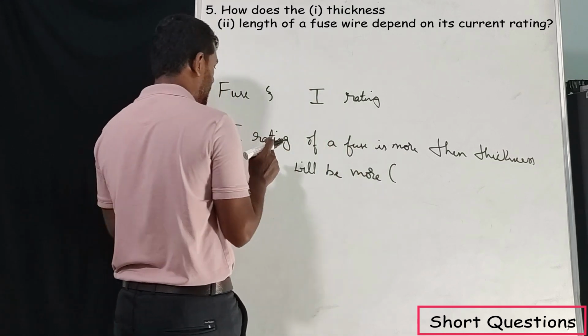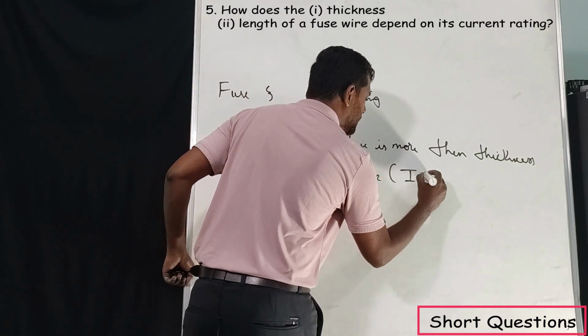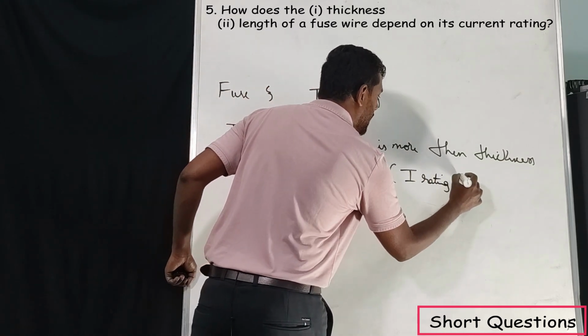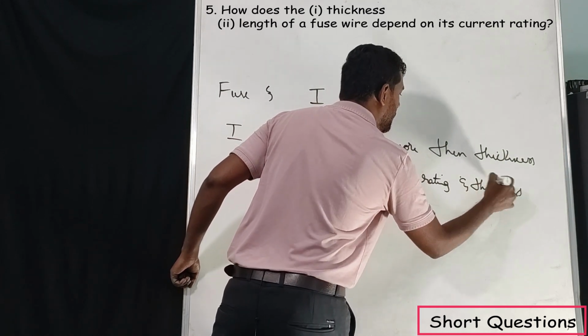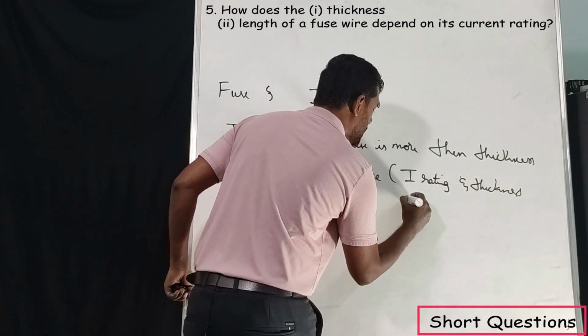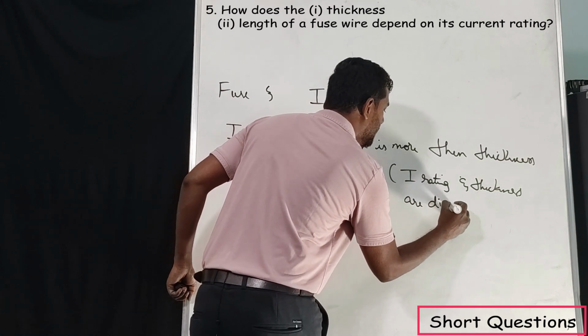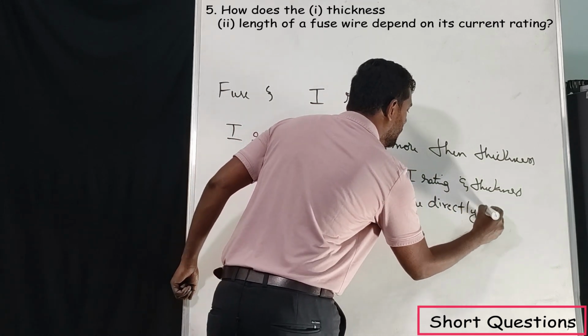So current rating and thickness are directly proportional.